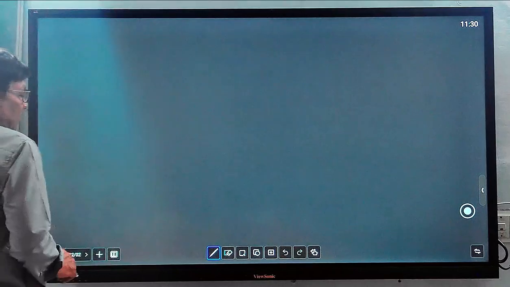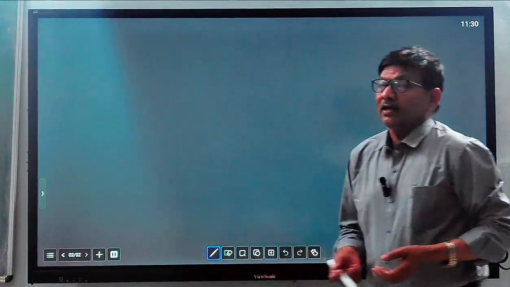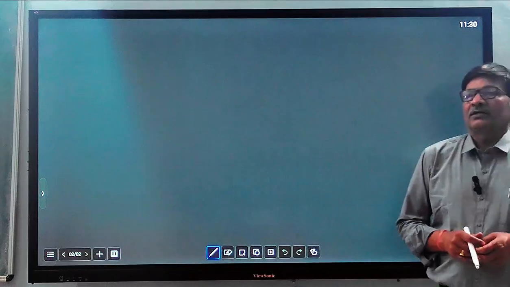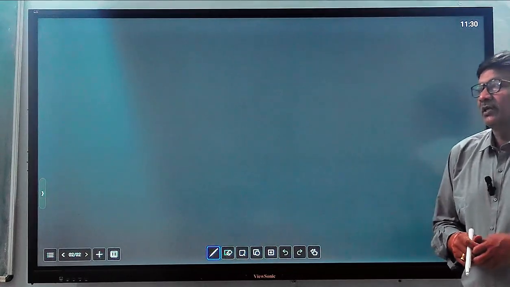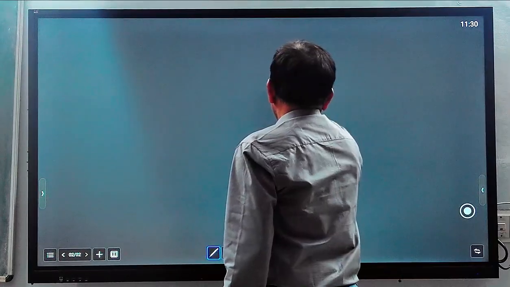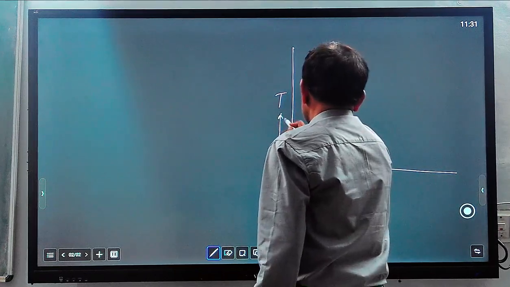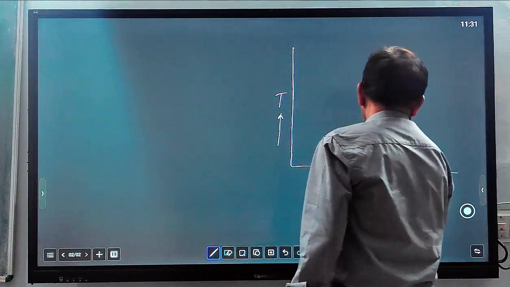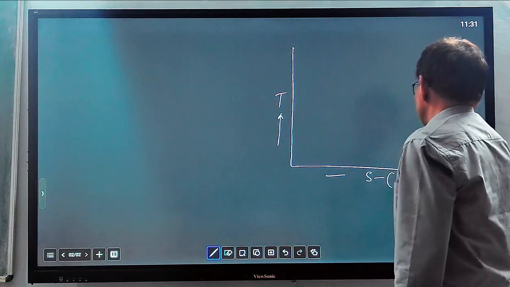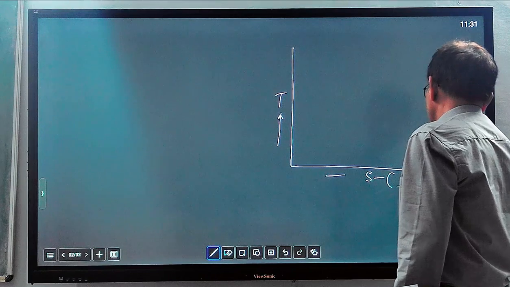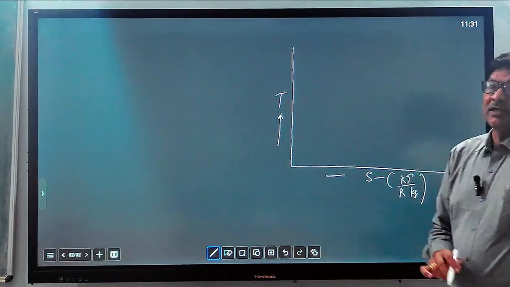Now you can also define thermal efficiency in terms of the TS, temperature entropy diagram. So let us draw the temperature entropy diagram of all these four processes. This is temperature in Kelvin and this is entropy. Entropy is in kilojoule per kg Kelvin if it is specific entropy.